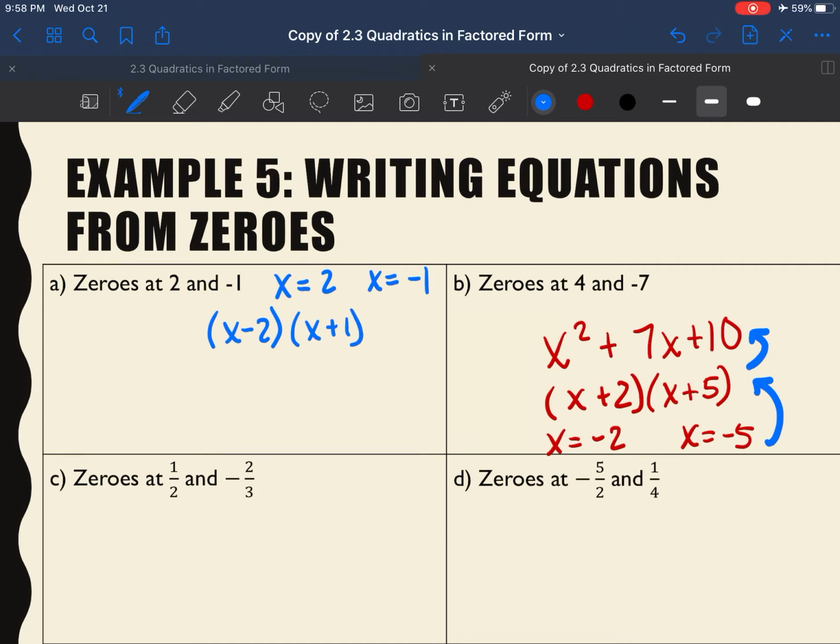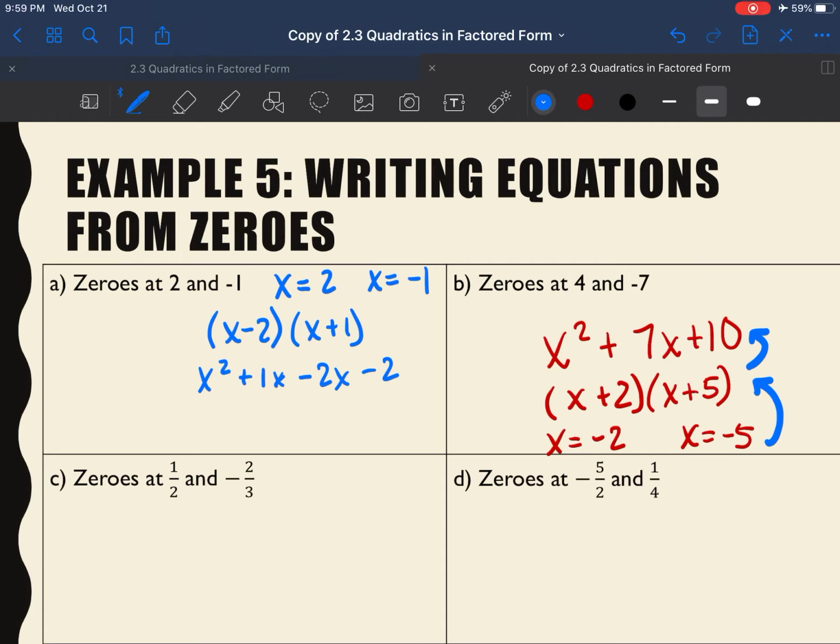And then you're going to multiply these two together. So first, x times x gives you x squared, and then x times the 1 gives you 1x. And then you continue doing that. Negative 2 times x is negative 2x, and the negative 2 times a positive 1 gives you a negative 2.